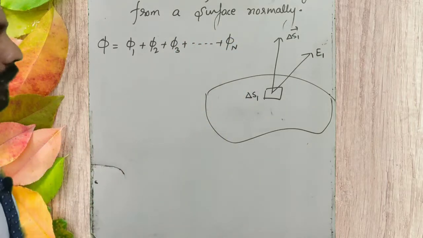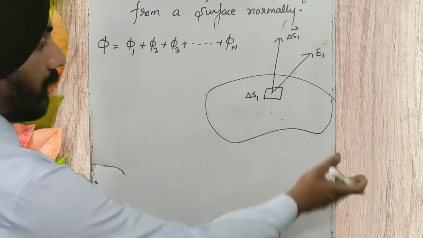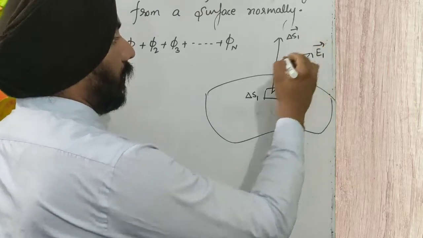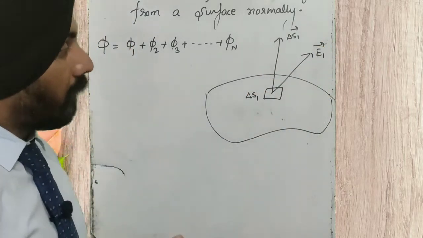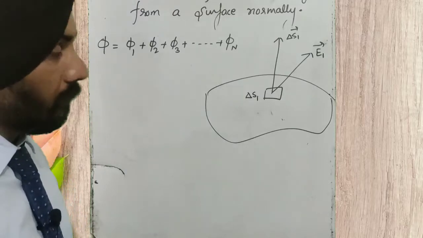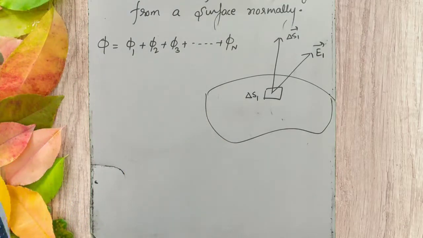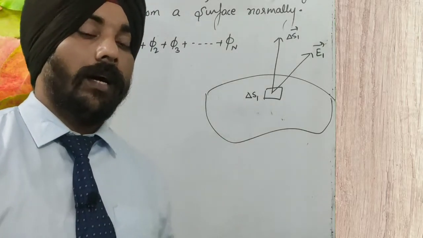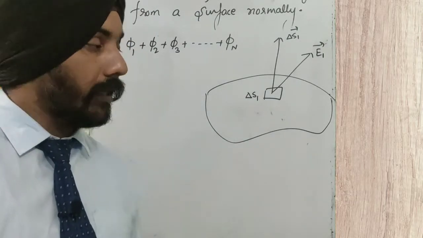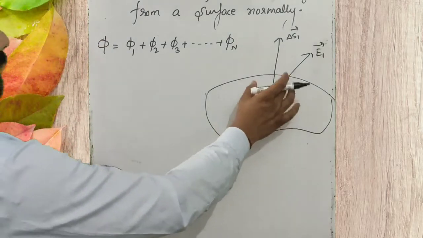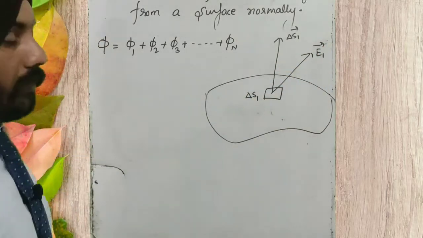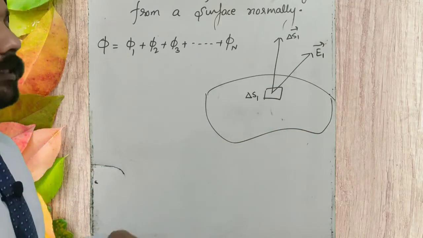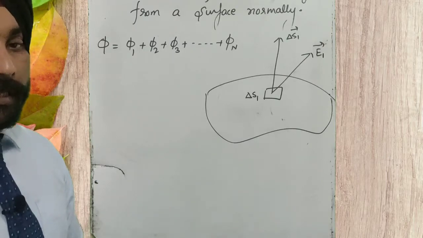The surface is kept in a non-uniform electric field, which means a different amount of electric field flows through different parts of space. Through this part the field is E1, through another part it is E2, and for n parts there will be n values of the electric field.